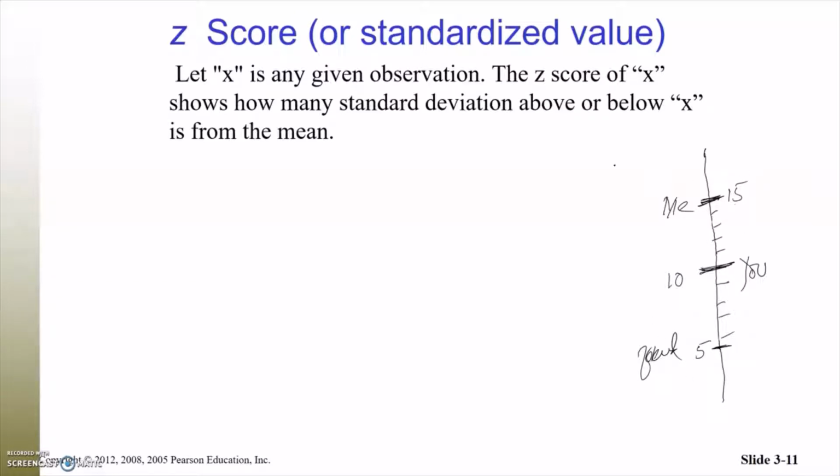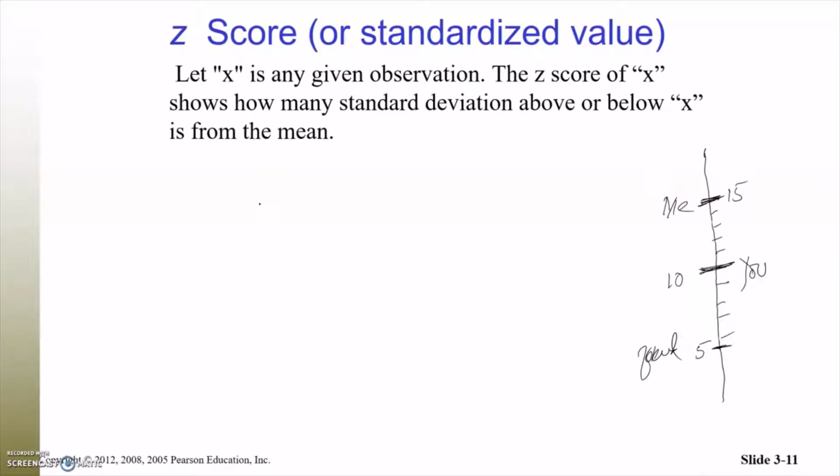The same idea exists here. In this situation we were talking about floors, but now we're talking about math. The z-score of an observation tells you if an observation is above the mean or below the mean, and if it is above or below, by how many standard deviations.